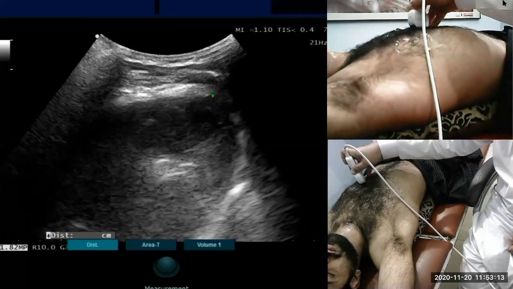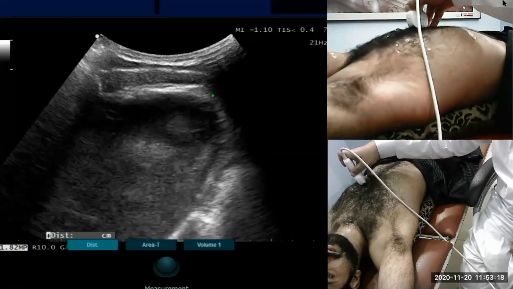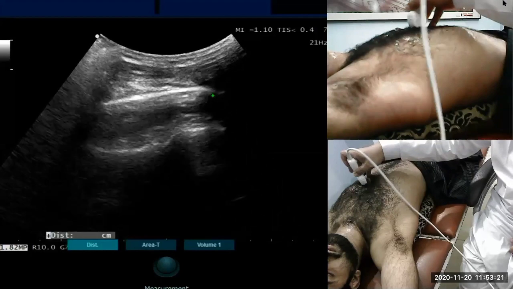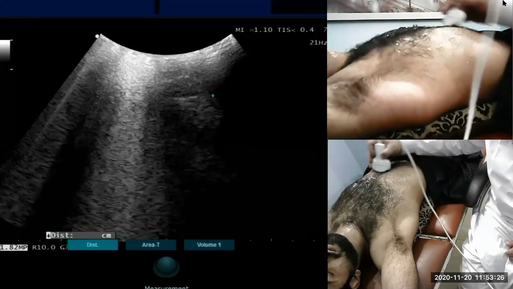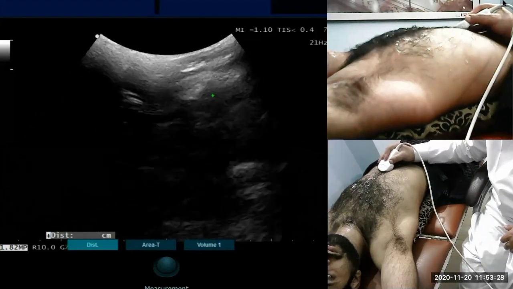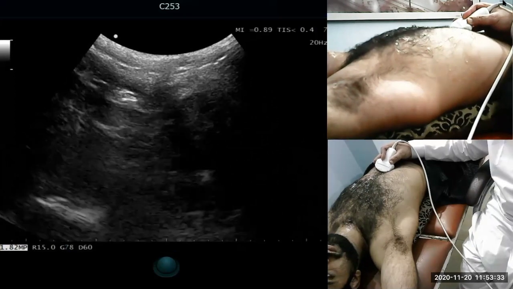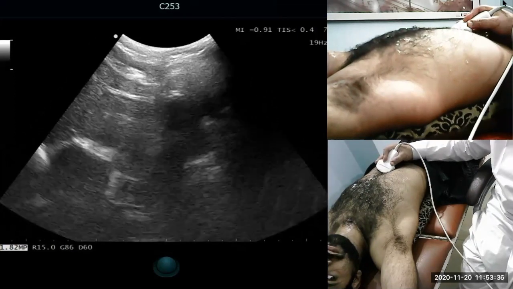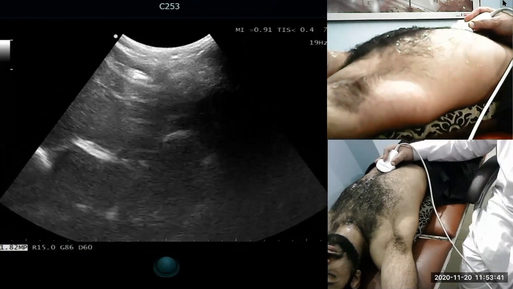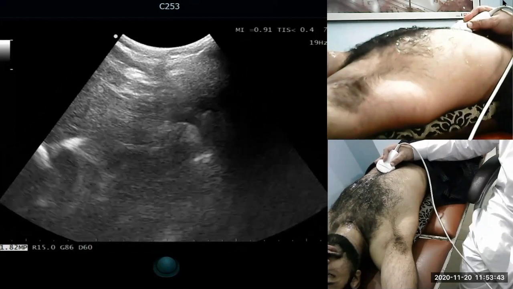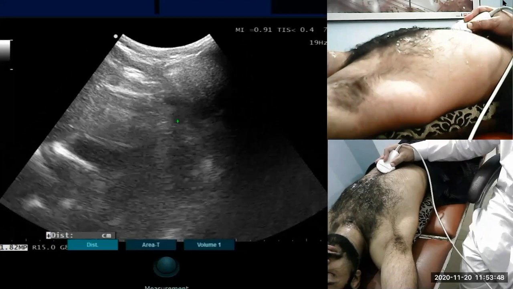Probe is placed at the chondrosternal junction, lateral edge of the sternum. In thinly built individuals, we can see from below. So there you see the pericardial space, this one.